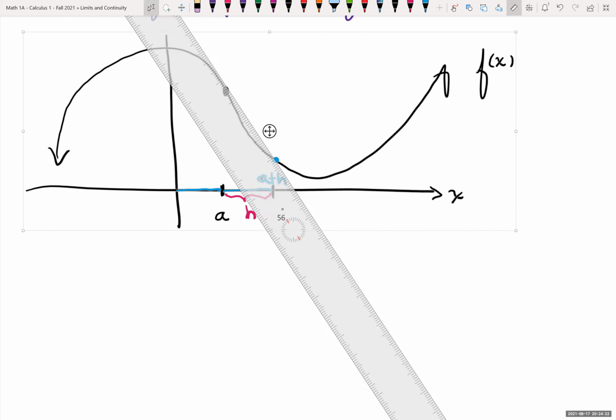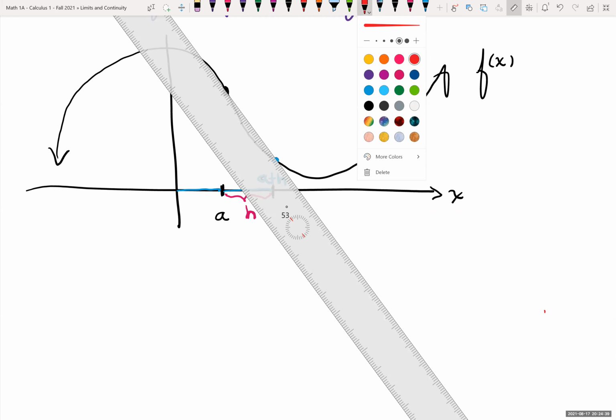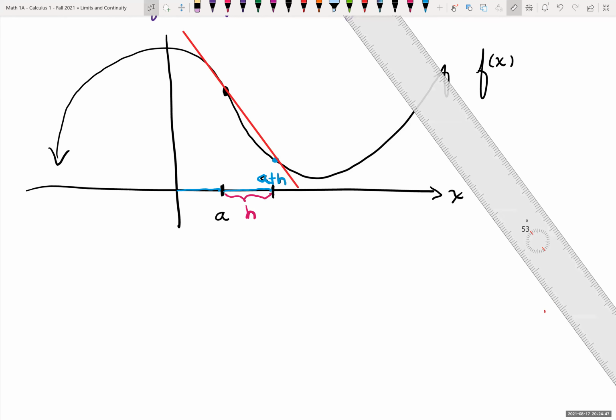So if I go over here and I draw my line, this line gives me kind of an accurate slope of what's happening at this point, x equals a, but I think that I can find an even better estimate if I shrink that value of h.